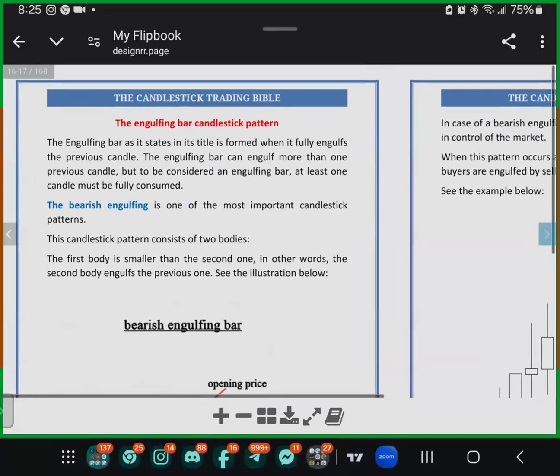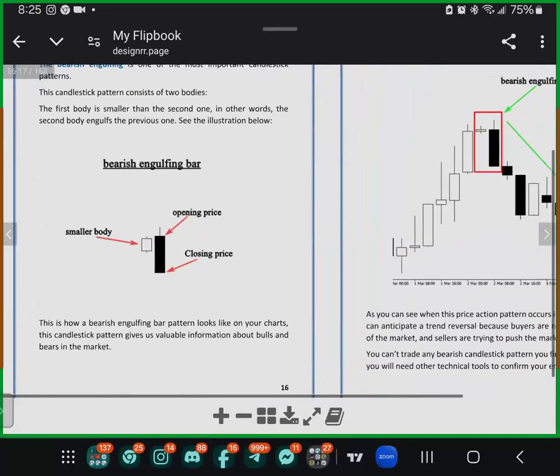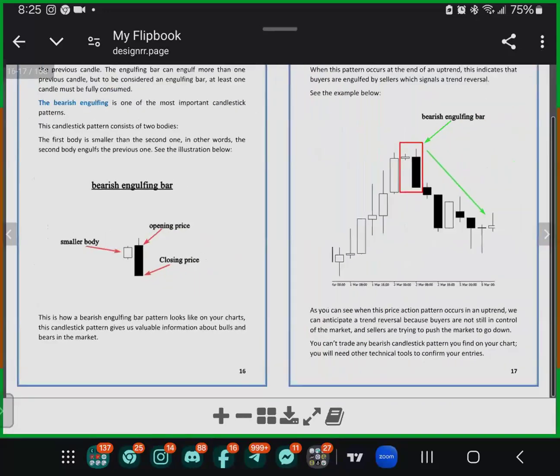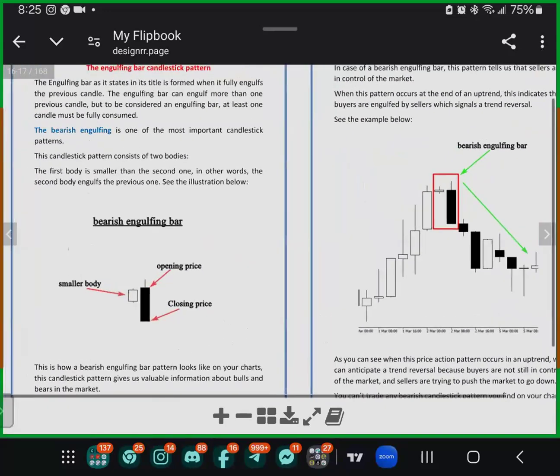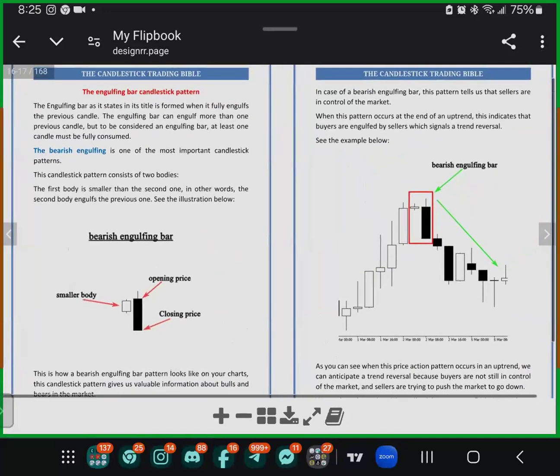All right, let's go ahead and find the bearish engulfing bar. Right? The bearish engulfing bar. That means that we need to find a small green candle and a bigger red candle that is engulfing the green candle.